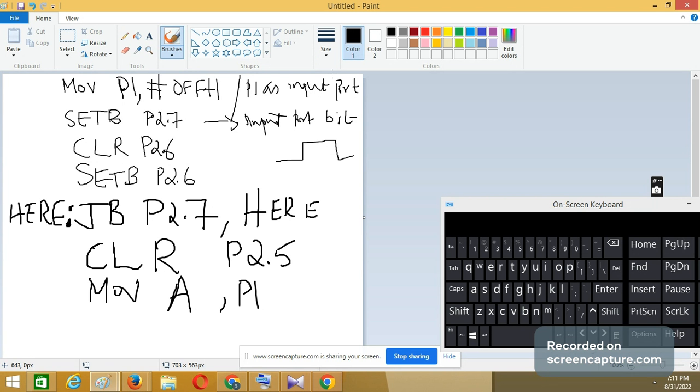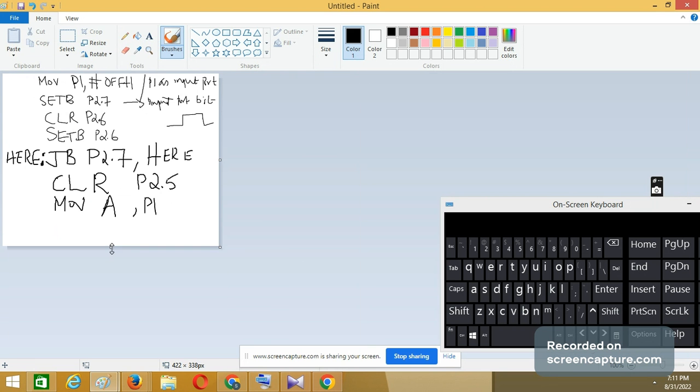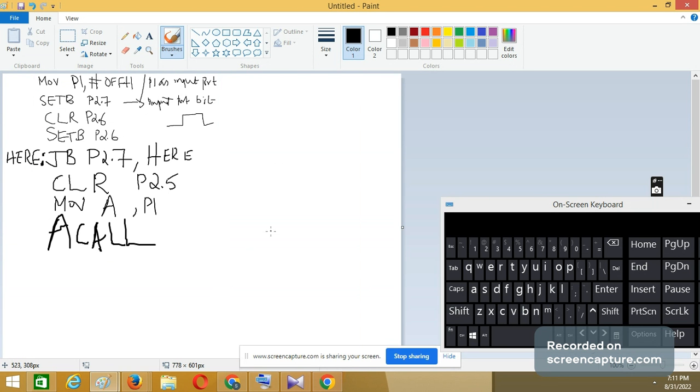If it is 11111111, that means it has to be converted to FF. So some conversion has to be done. So you call a subroutine to convert those binary bits to some format, hex or ASCII, etc. We will call that subroutine conversion.